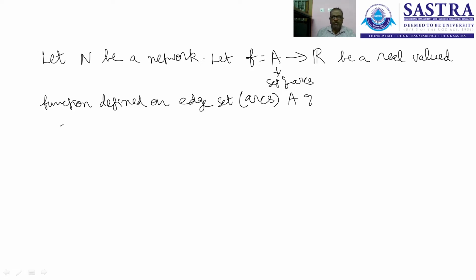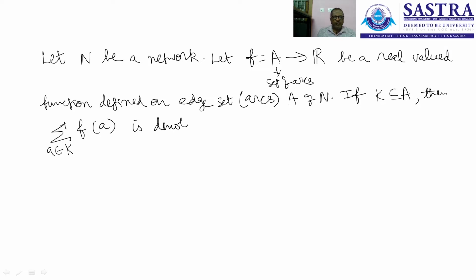If I take a subset K of A, then the sum of the weights f of A in K is denoted by f of K. So if I add the weights of the edges in the subset, that is denoted by f of K. Suppose I have more than one set, then f of S1 would be the sum of the weights of the edges.